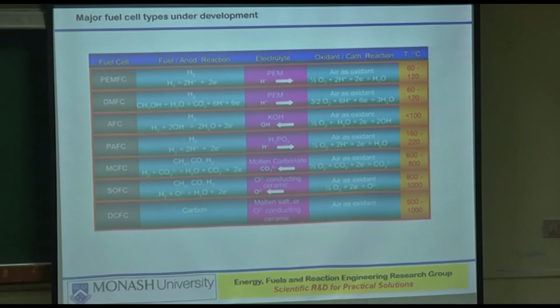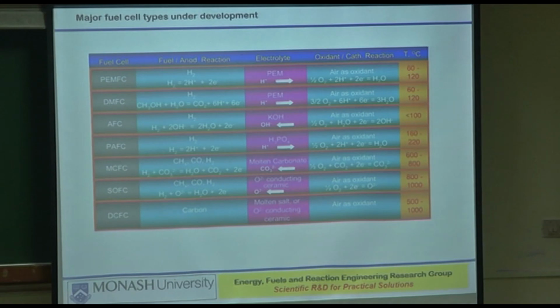The other point that I would like you to note is the temperature capability. As fuel cells went on being developed from the PEM, which is the most developed and available at the small scale, you can see that the temperature capability of the fuel cells has actually gone on increasing as you have gone from the phosphoric acid fuel cell to molten carbonate to solid oxide to DCFC.